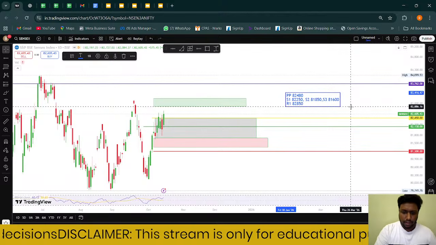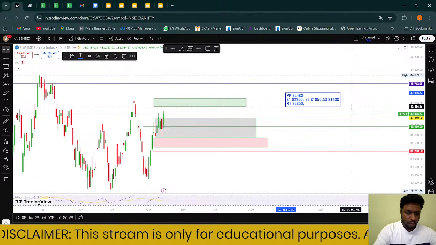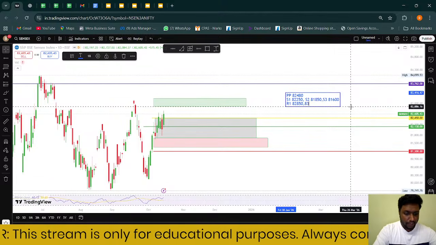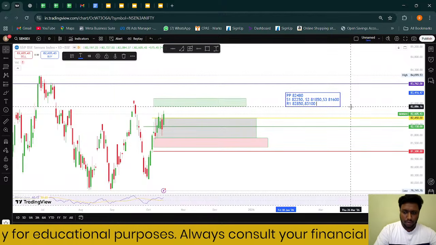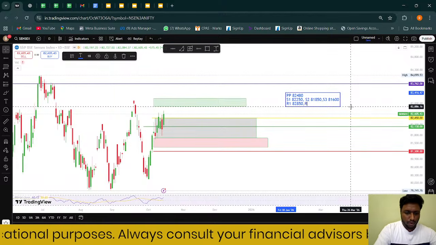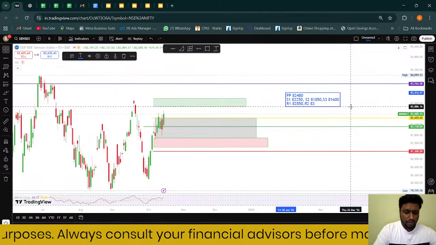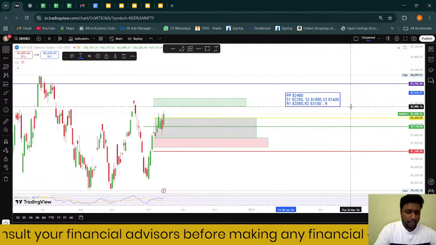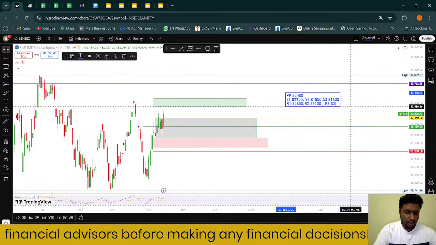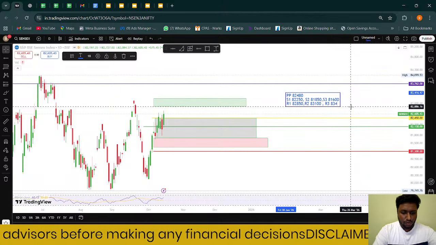Let's quickly mark the resistance as well. 82,850 I consider as R1, and 83,100 to be R2, and R3 will be at 83,470.